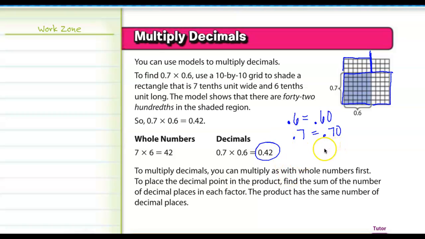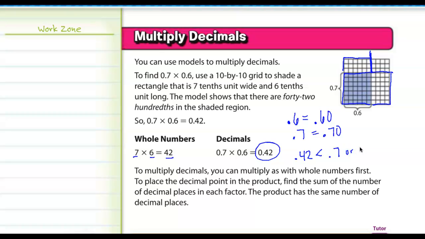So the one thing I wanted you to focus on is how decimals and fractions behave differently than whole number multiplication problems. 6 times 7 is 42. 42 is greater than either factor, but 7/10 times 6/10 is 42 hundredths. 42 hundredths is actually less than either factor.